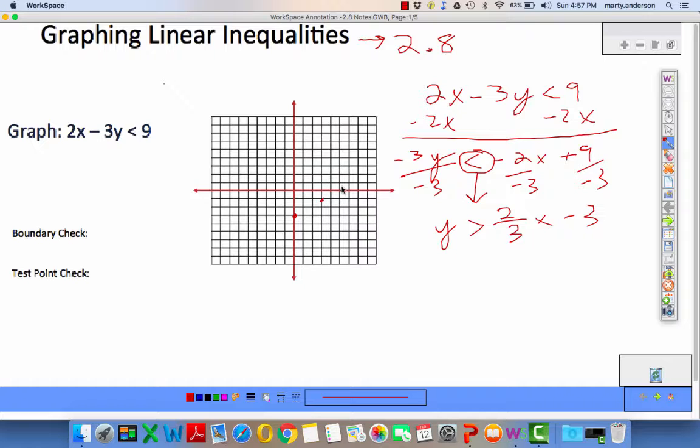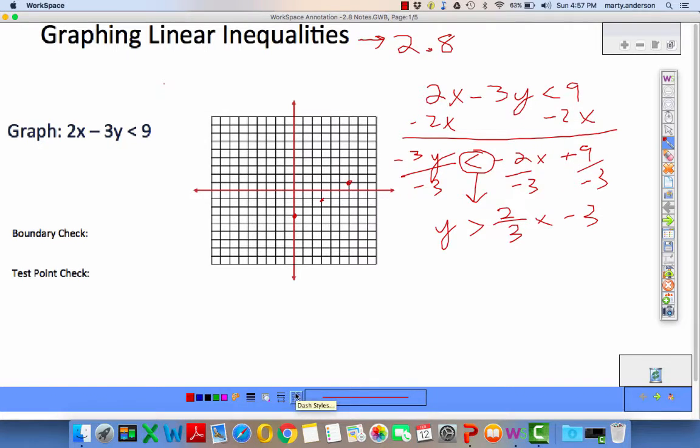And now I'm going to make a line, but my line is actually going to be a dotted line because I want to know where the y values are greater than this line. It's not "or equal to," so I'm going to have a dotted line.